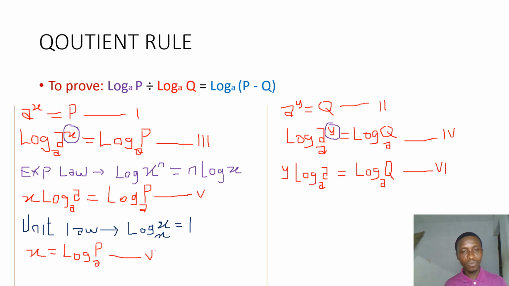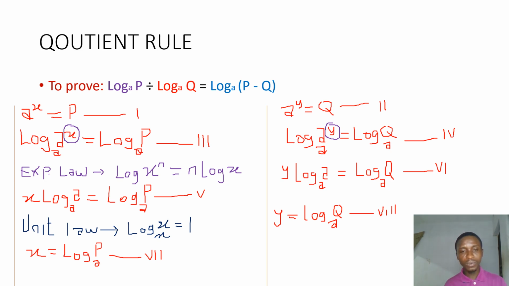This is what we want to achieve. We want to derive expression for both x and y. Then y also here will be equal to log q base a. And let's call this equation 8. We are almost there.